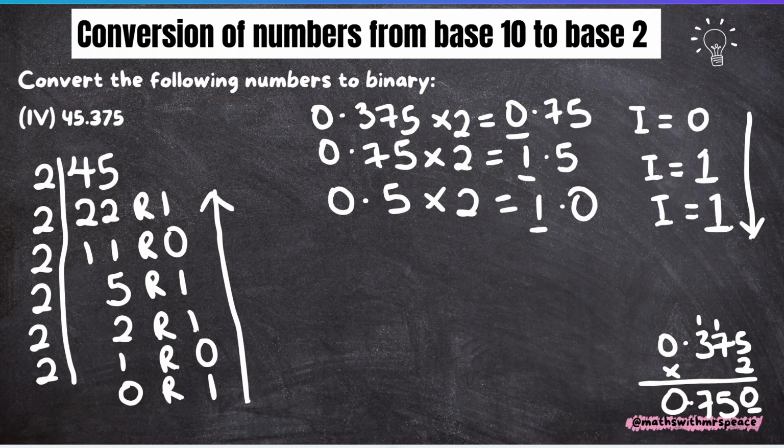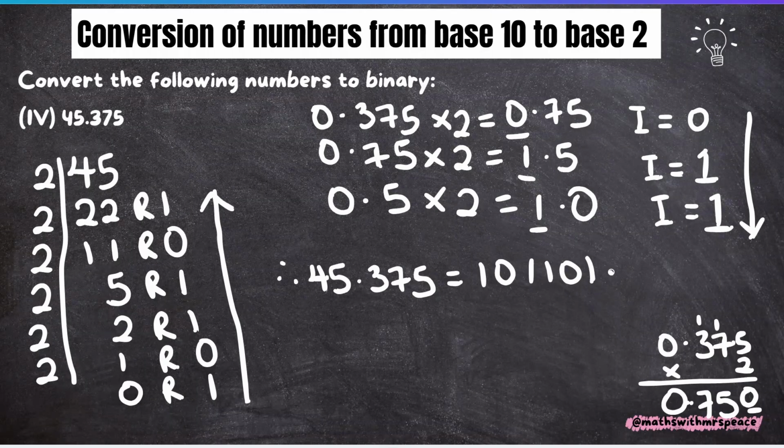So let's go ahead and combine the results of the two parts. We're going to say, so therefore, 45.375 is equal to, from below here, we have 10101, point, and then go from up to down here, and you have 0, 1, 1.